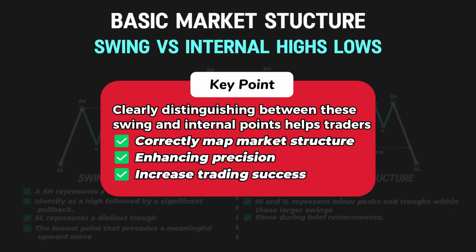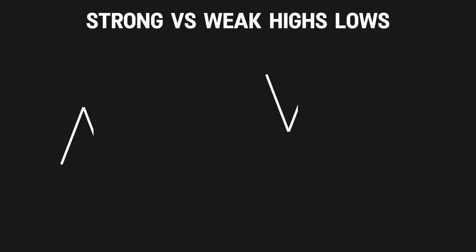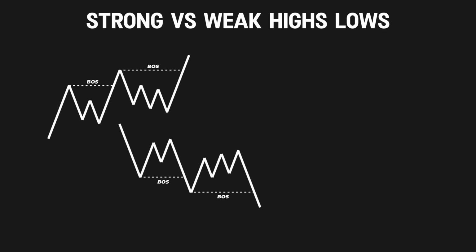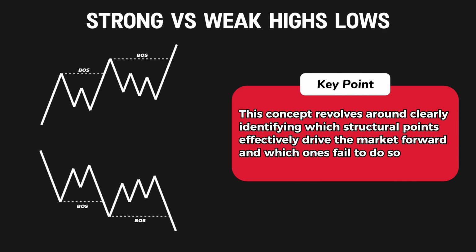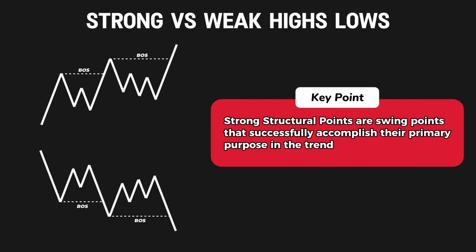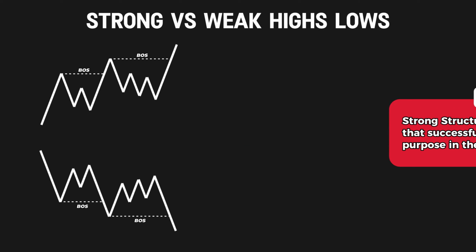greatly increasing trading success. An important concept to enhance your market structure analysis is distinguishing between strong and weak highs and lows. This concept revolves around clearly identifying which structural points effectively drive the market forward and which ones fail to do so. Specifically, strong highs or lows are swing points that successfully accomplish their primary purpose in the trend.